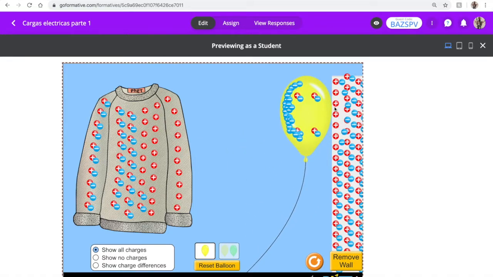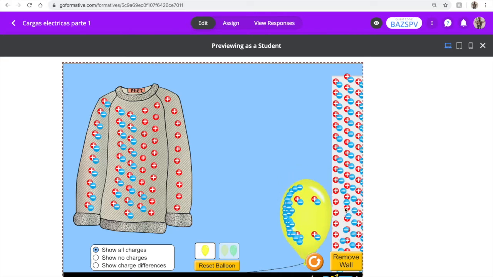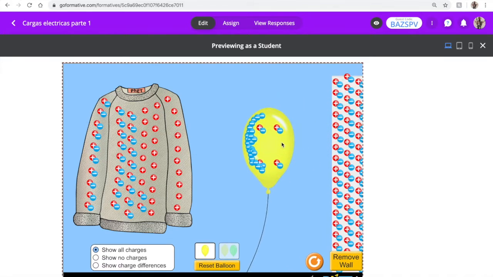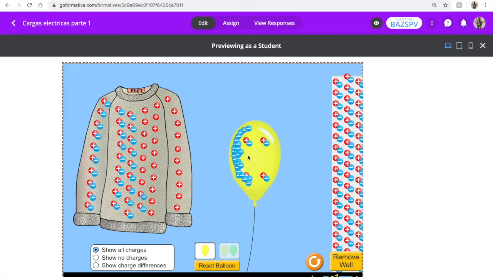And we can see that the negative charges don't want to be together, and that's why they repel each other. Or if the jacket is positive and the balloon is negative, we can see that they have what? Attraction. They want to be together. But the point that we need to understand is these are not new negative charges. This negative charge came from the jacket to the balloon.